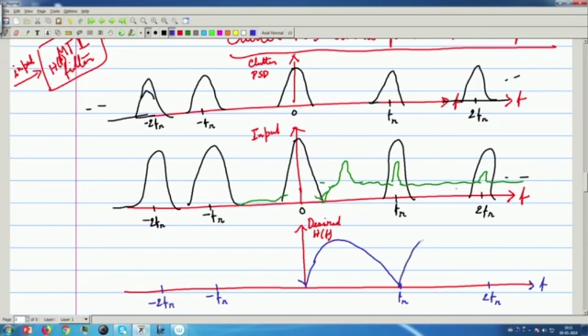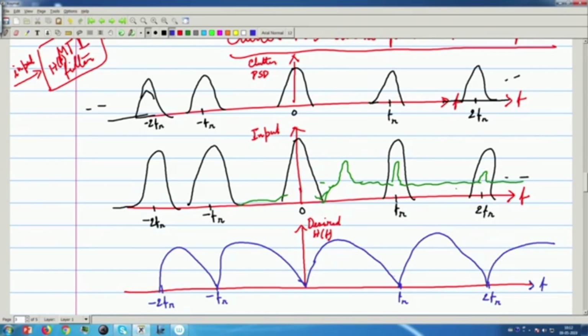So, if I can have something like this, that means a null. Now, I am drawing this sinusoidal shape, it can be any shape, but I will try to put a very sharp null and some wide null, somewhat wide depending on the spread of the clutter.